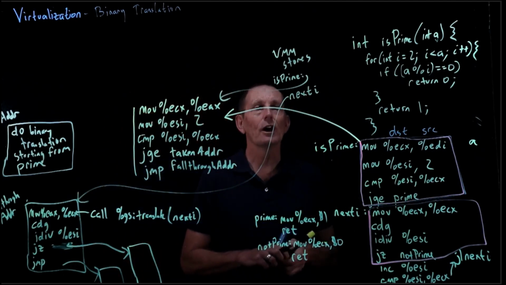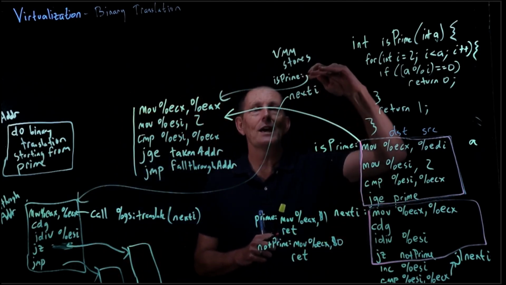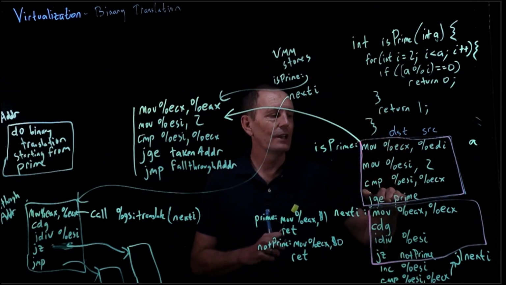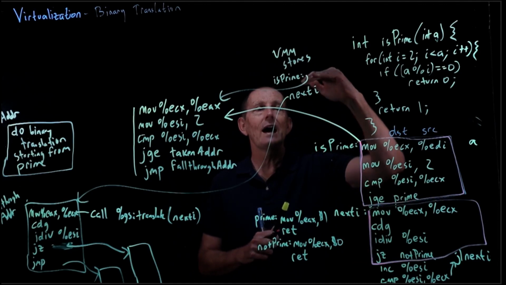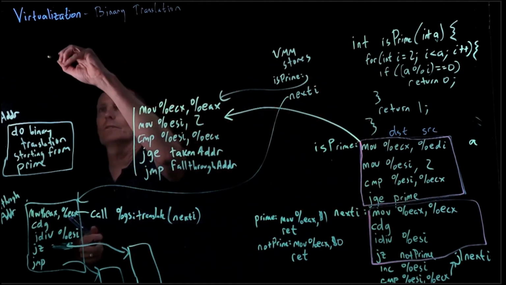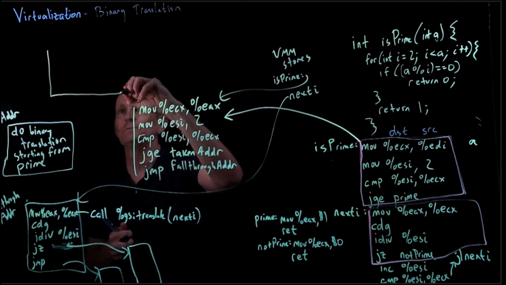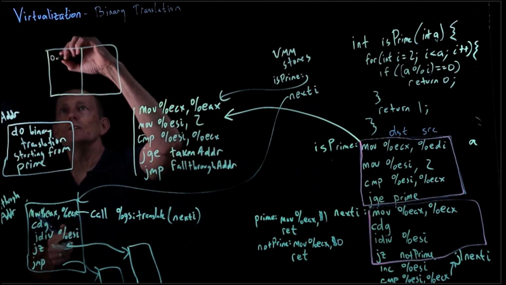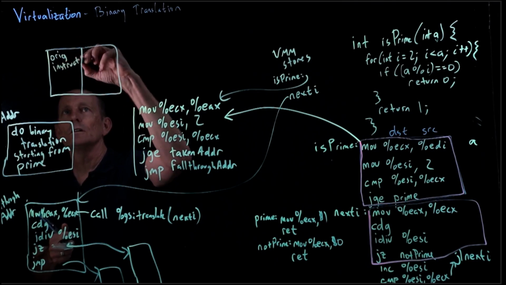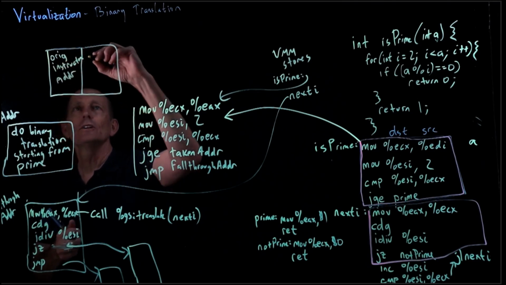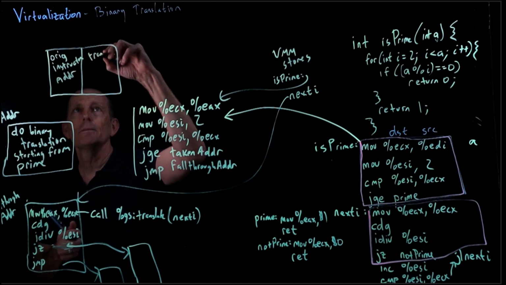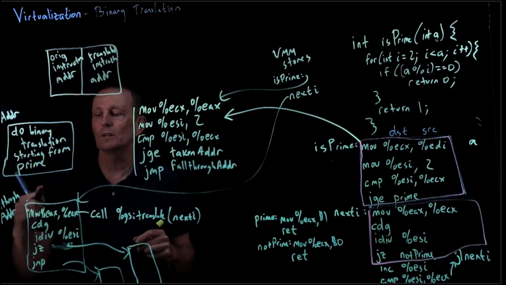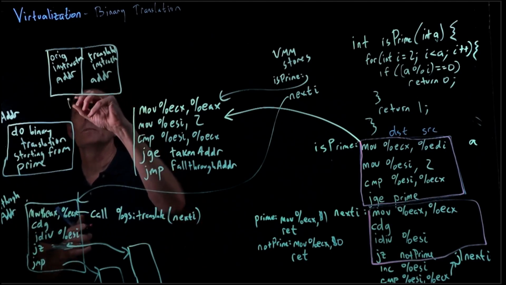And so for every original address, which is the target of a control flow, we have a mapping. Let's actually write it this way, which is perhaps better. So we have original instruction address, and then we have the translated instruction address. We don't do that for every address. We only do that for the beginning of every basic block.